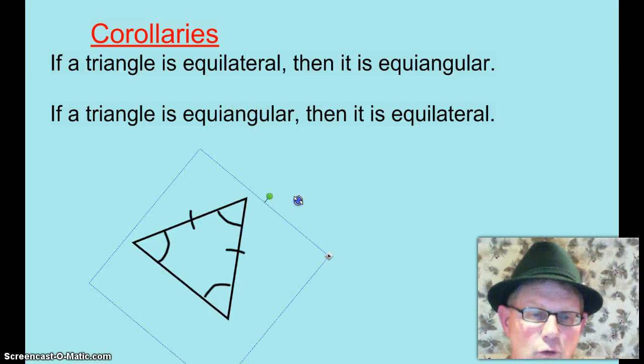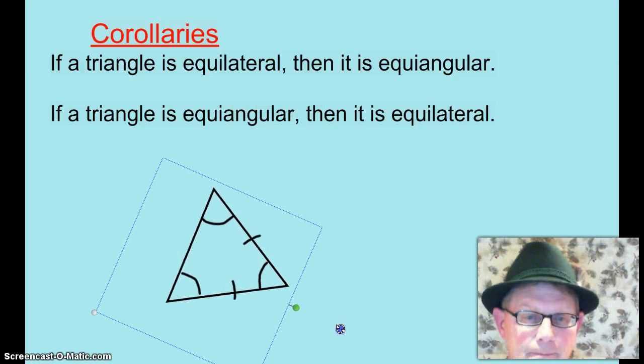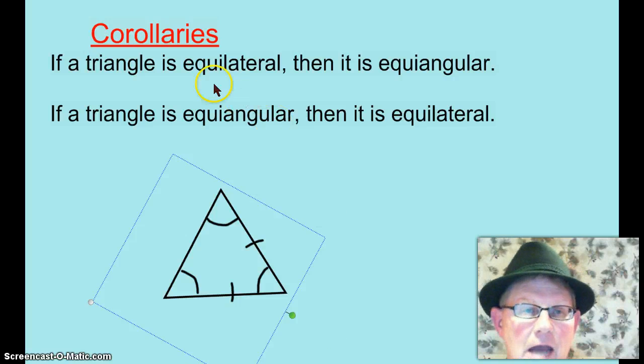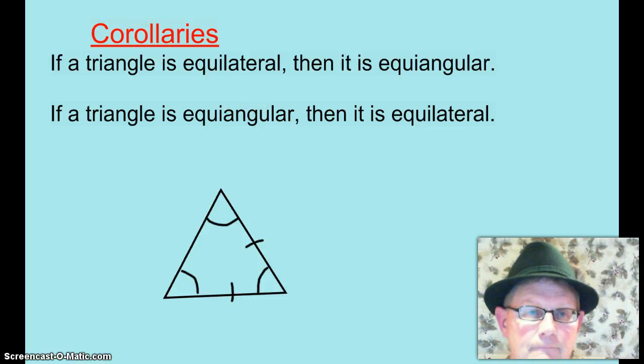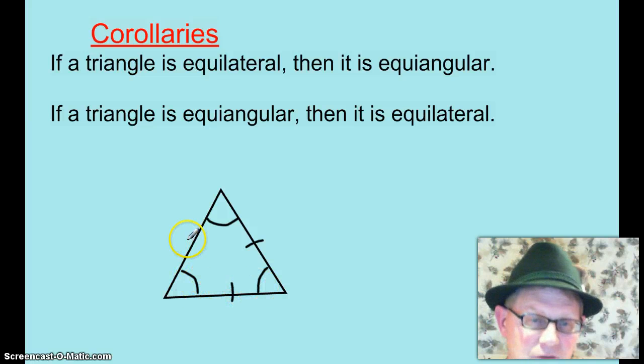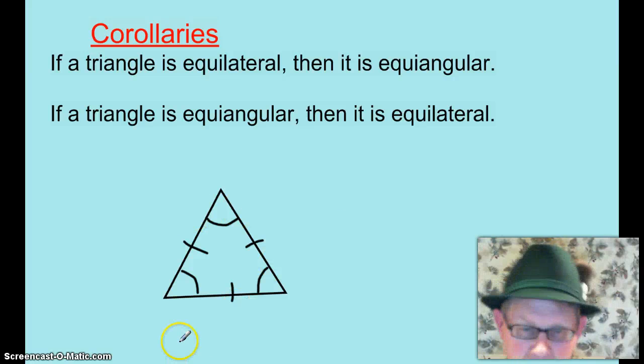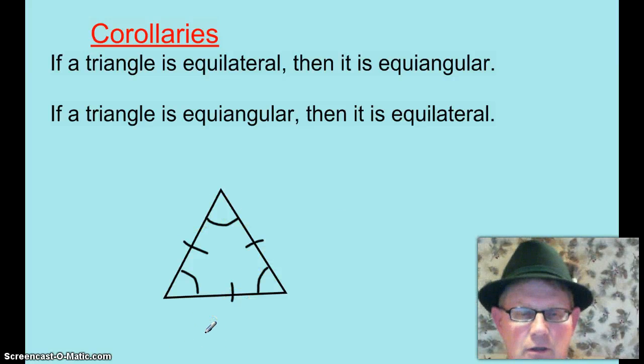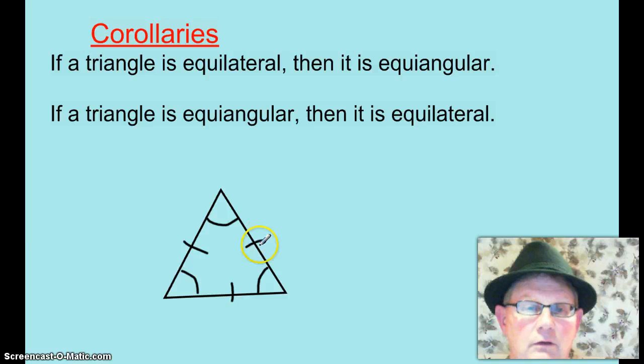Give it a nice 120 degree whirl. And now we have these two base angles congruent. That makes these two sides congruent to each other. And voila, as the French would say. There it is. It's also equilateral.